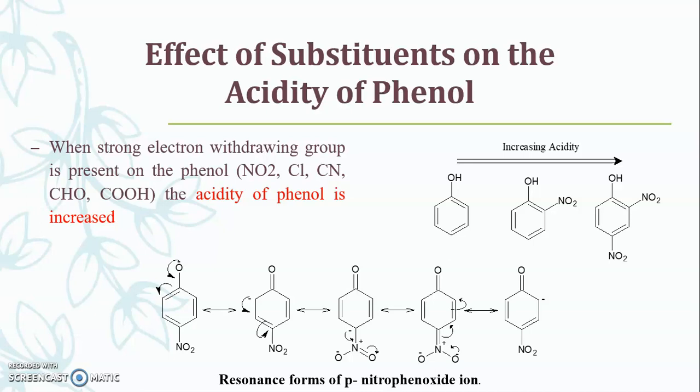Before that, we will revise the electronic effects that we have seen, because the effect on the acidity is related to these electronic effects. We know that two electronic effects are involved: one is the inductive effect and the other is the resonance effect. When the hydroxyl group, that is the oxygen, is directly connected to the benzene ring, it shows the resonance donating effect.